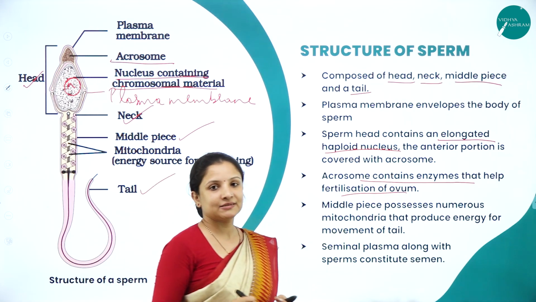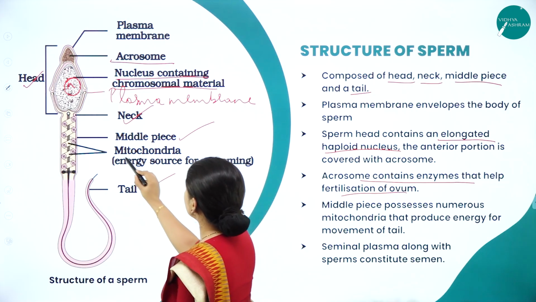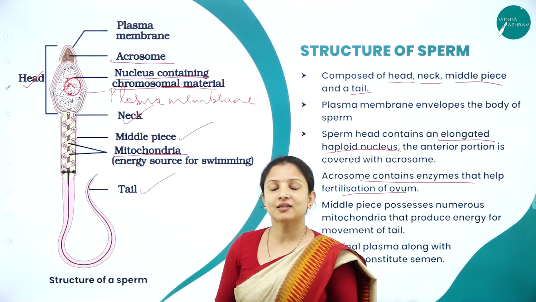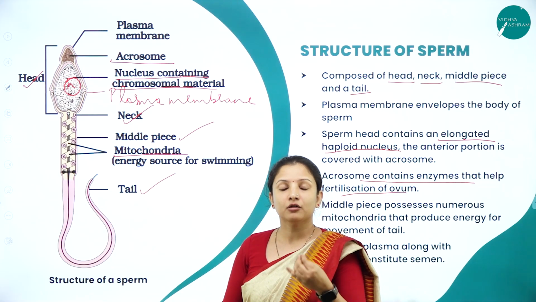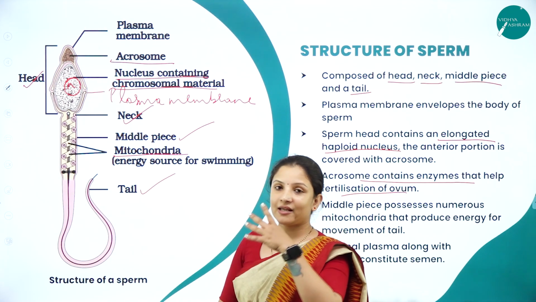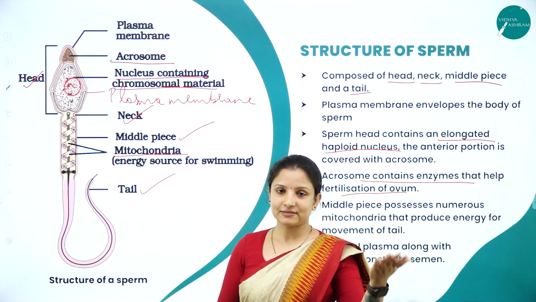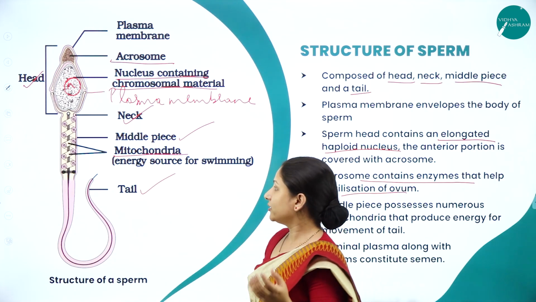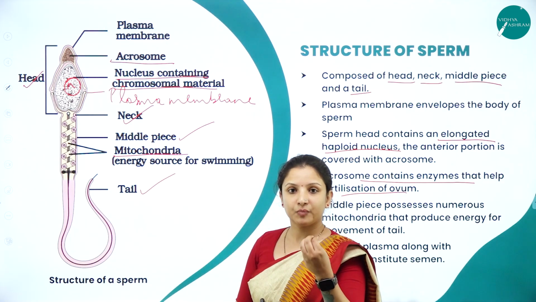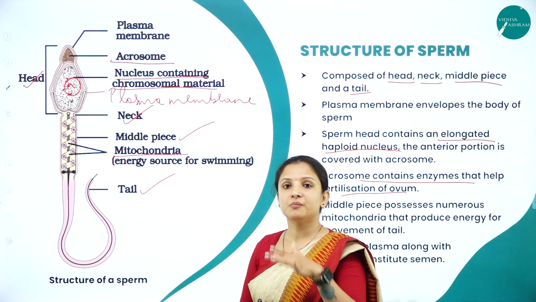And the middle piece contains a lot of mitochondria. This mitochondria, as we know, is the powerhouse of the cell wherein a lot of ATP gets produced. How ATP gets produced, all that is from previous year's lessons you have studied, right? So a lot of energy is being produced by the mitochondria, which helps the sperm to swim.